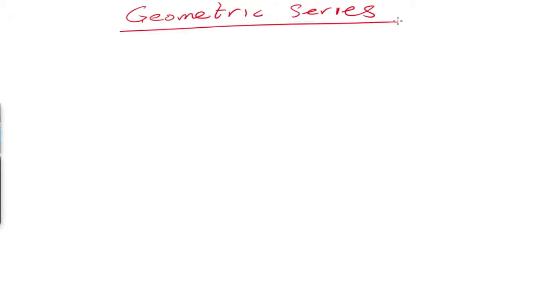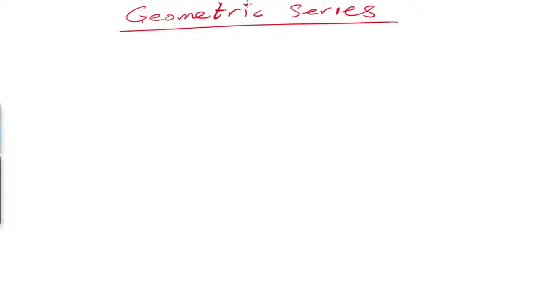Okay, so let's see. Let's go up here. All right, so let's take a look at another kind of series. So this is called the geometric series. The geometric series is the other kind of series that we can actually find the sum of.